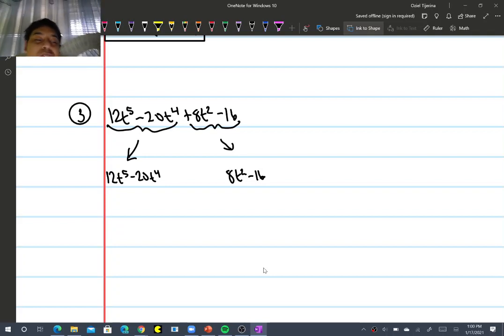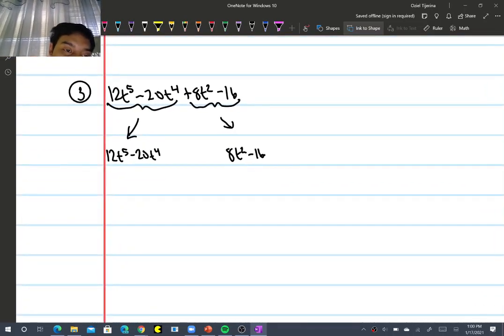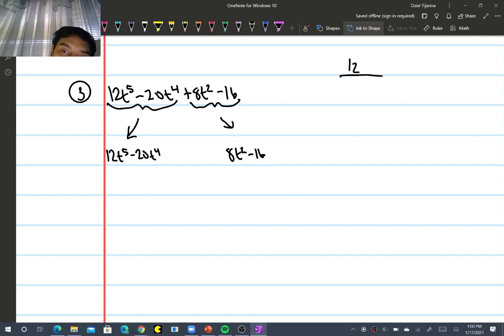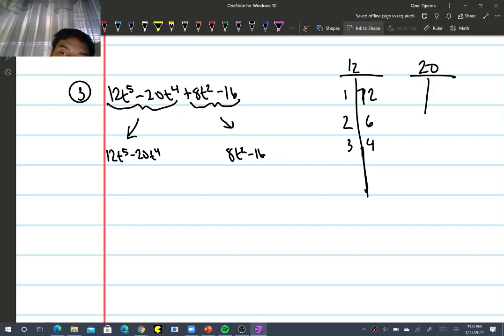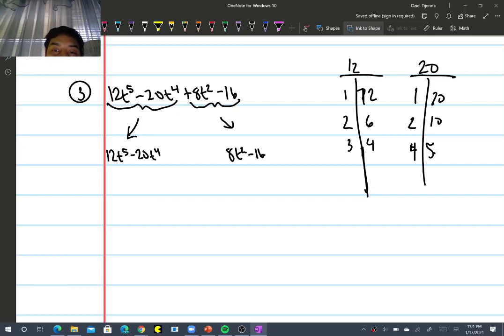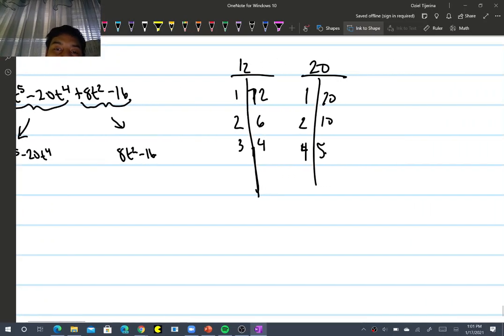Now, you want to factor both of those. If you look at 12 and 20, the factors of 12 are 1 and 12, 2 and 6, 3 and 4, and for 20 you have 1 and 20, 2 and 10, 4 and 5. So the greatest one that we can factor out is a 4.